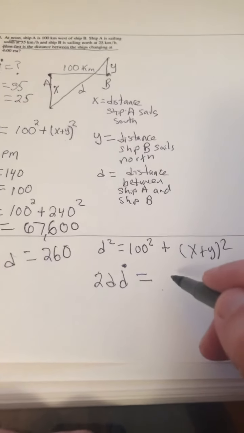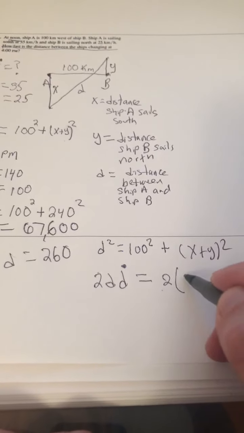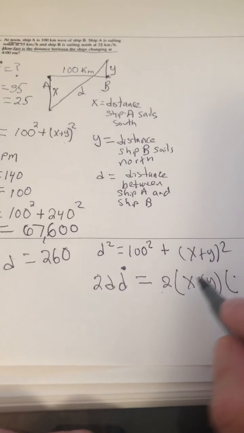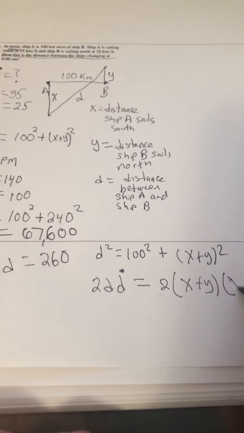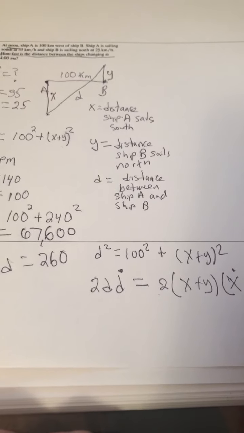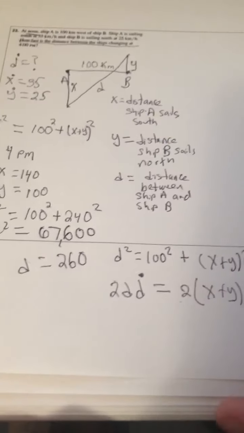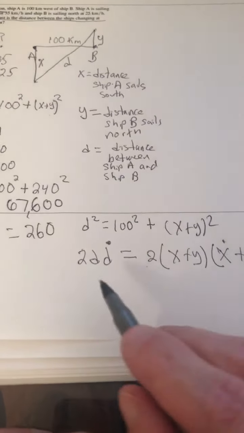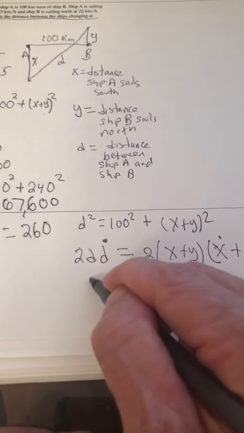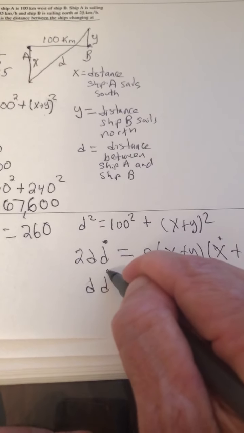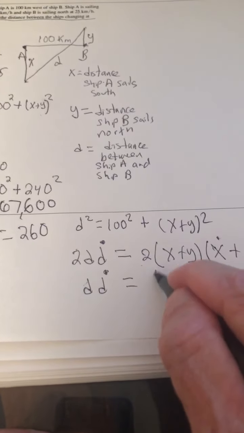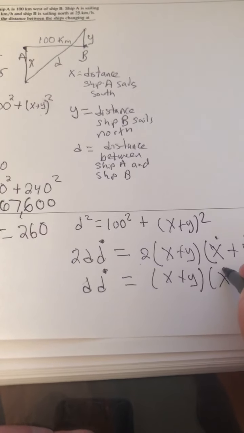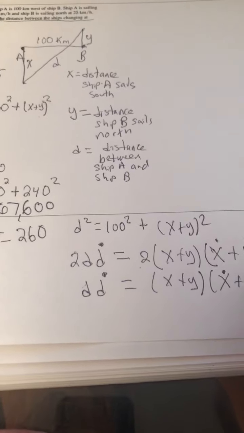So this is equal to 2 times (x plus y) times the derivative of the inside, which is x dot plus y dot. Now I can divide both sides by 2, right? And I get d times d dot equals (x plus y) times (x dot plus y dot).